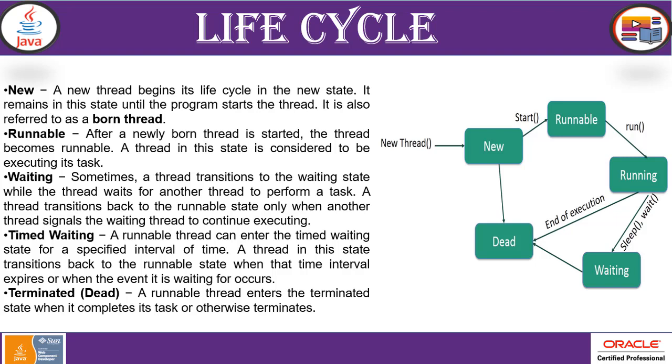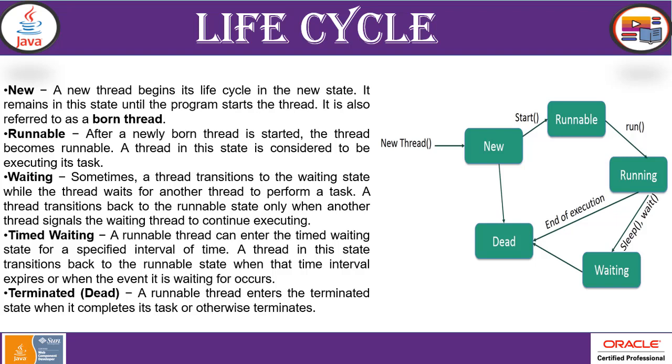A runnable thread can enter the timed waiting state for a specified interval of time. So you can also have sleep mode. You can put your application in sleep mode for a specific interval of time. A thread in this state transitions back to the runnable state when that time interval expires or when the event it is waiting for occurs.